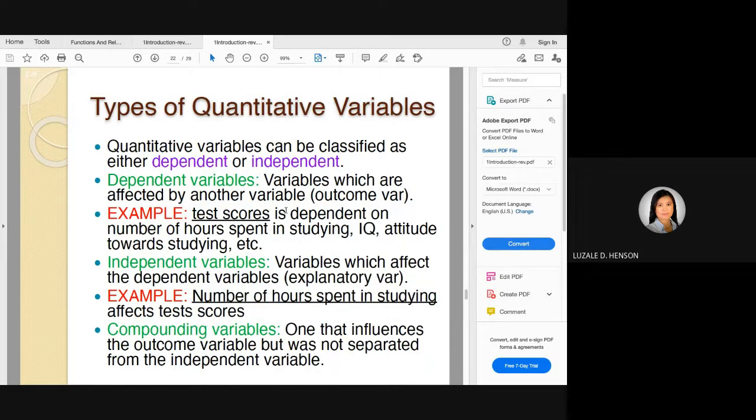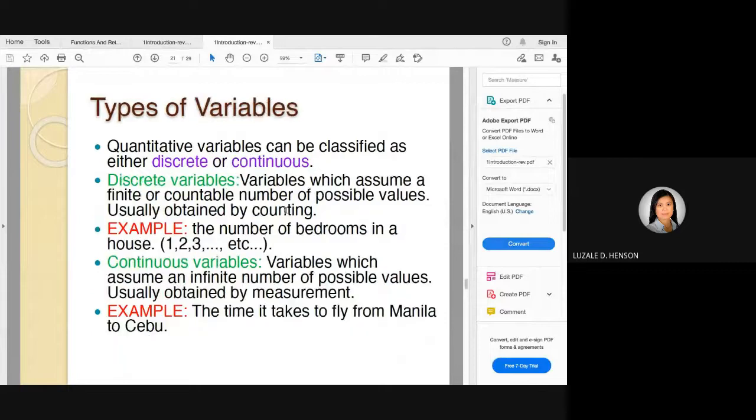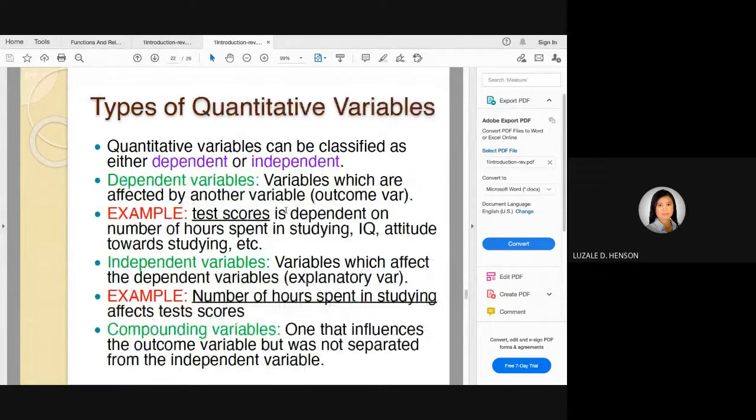And extend it further pa rin. Quantitative variables, aside from having discrete and continuous, we can also have dependent and independent variables. When you say dependent, this refers to outcome variable. Let's say ngayon, number of cases, number of persons infected, or number of cases per day.